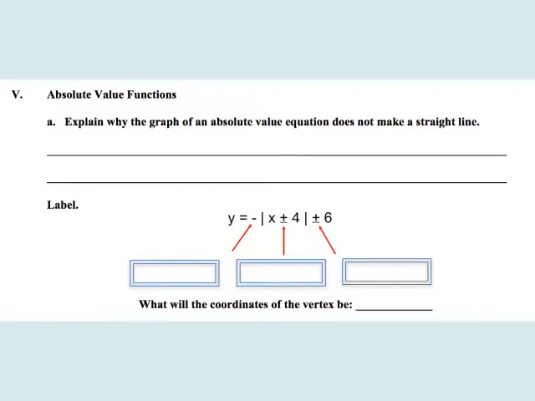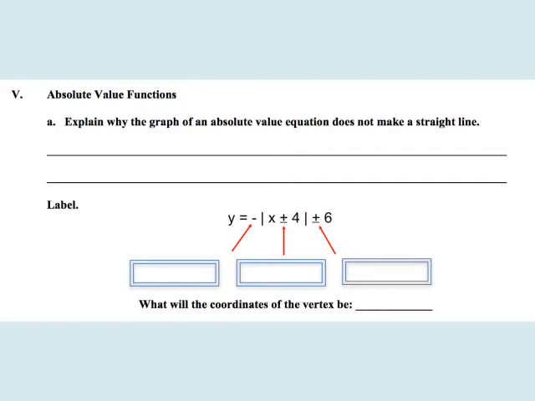Absolute value functions give us a shape of a V or a point. And in answer to question A, I want to go down to the question below it first.